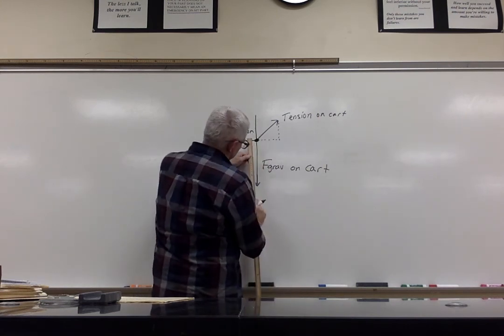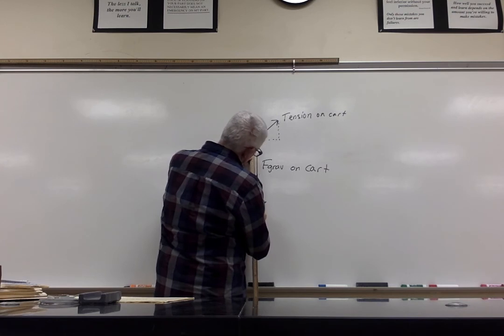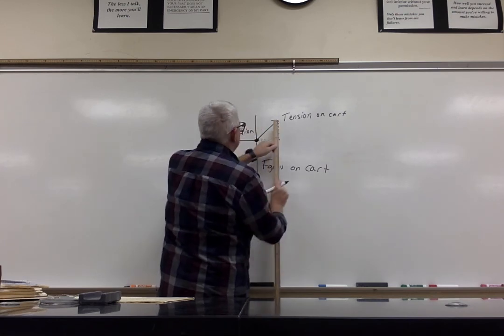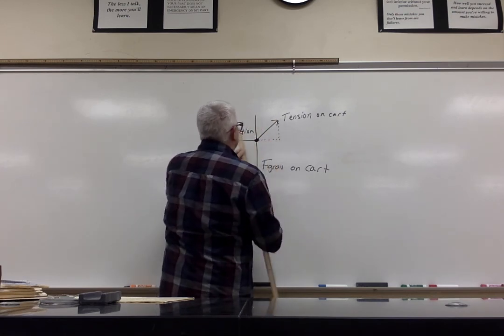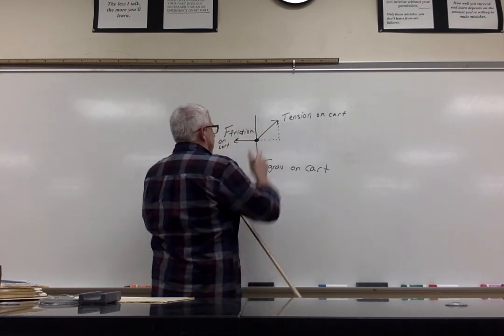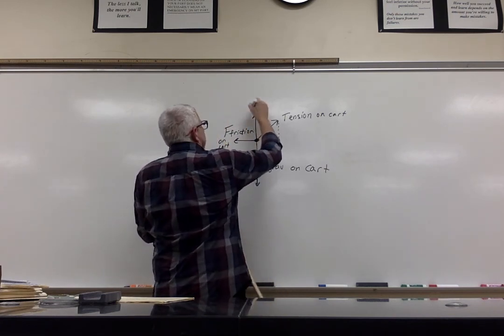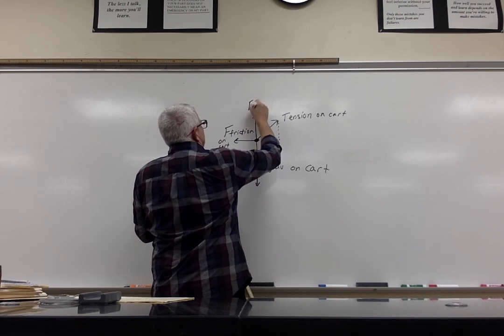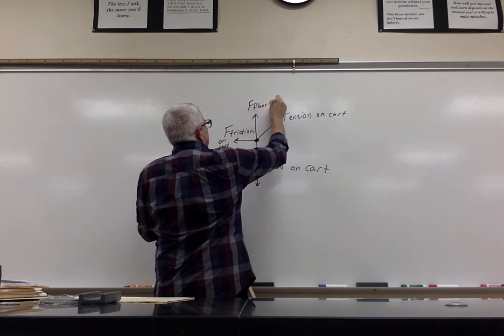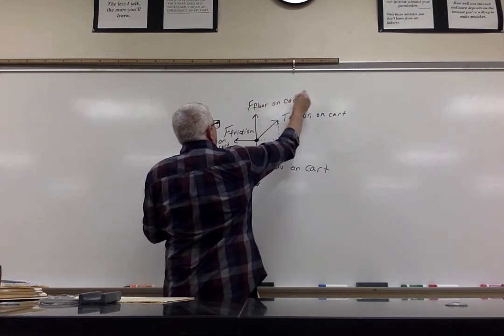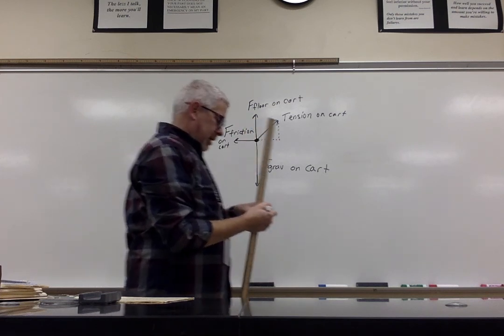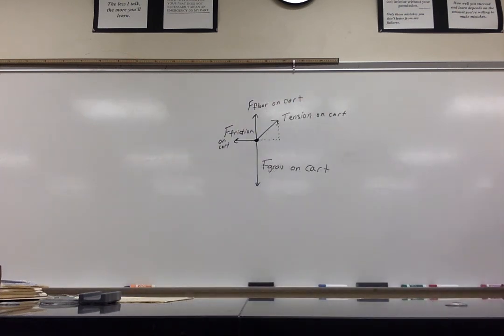So this is a total of about 24 centimeters down. This is a total of about 11 centimeters up. This is a total of about 13 centimeters up. So I'm going to label this force of floor on cart. So now I've really only got 4 forces acting on the cart, even though the diagram looks pretty complicated.